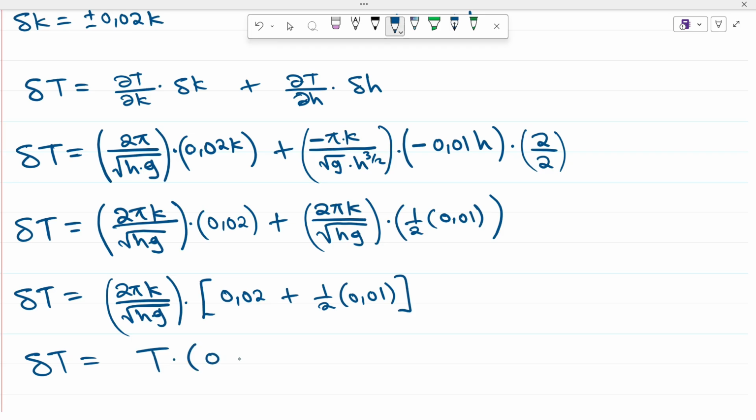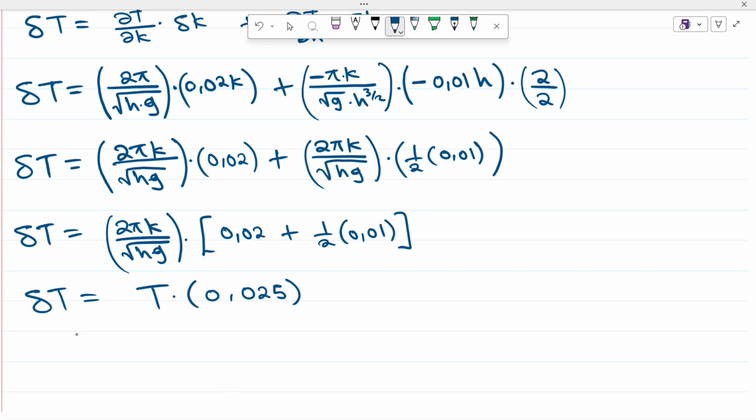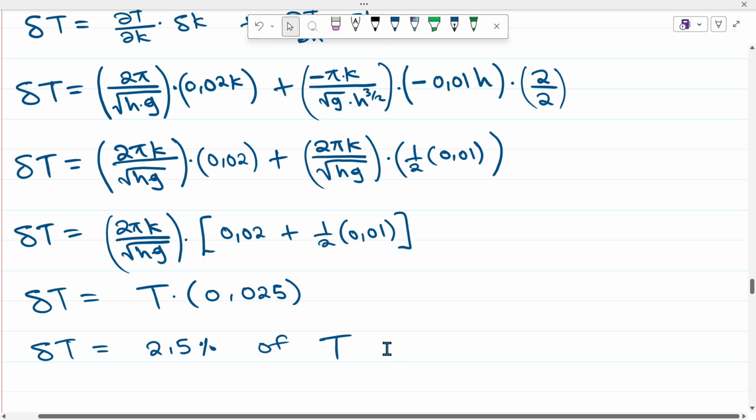When you use the calculator to press the things inside the bracket, you'll get 0,025. Therefore, your maximum percentage change of t is 2,5% of t. And then, you have successfully managed to answer this question correctly in that way.